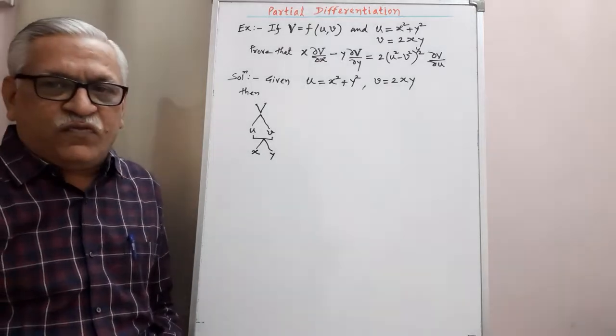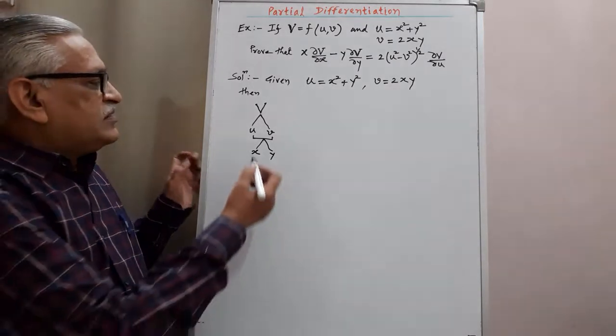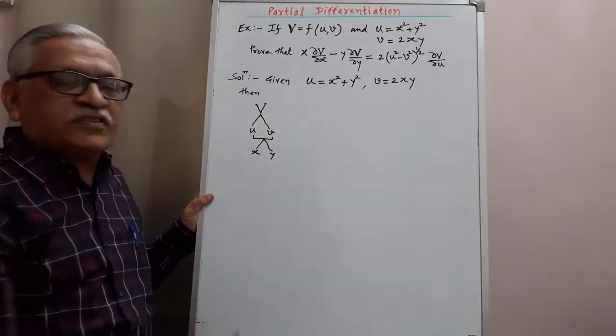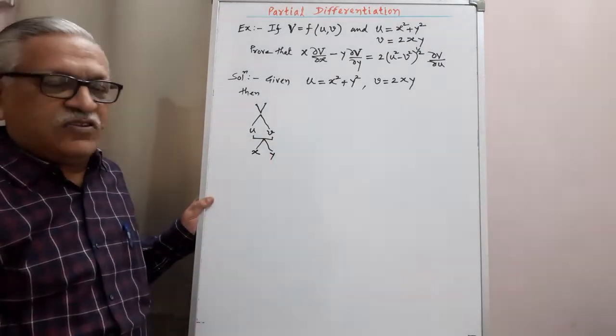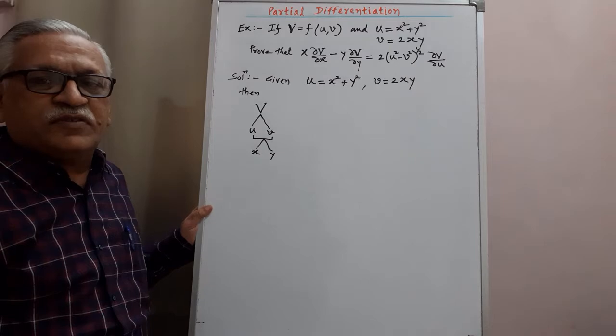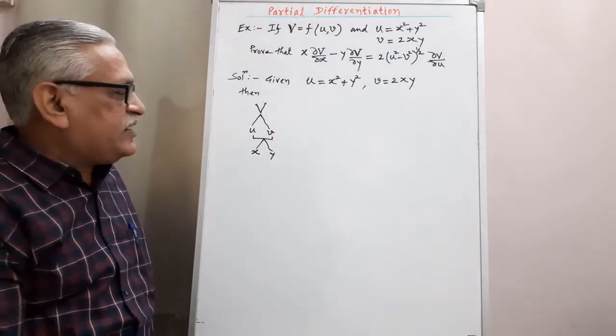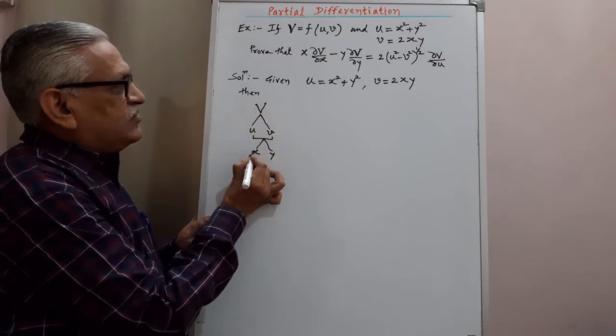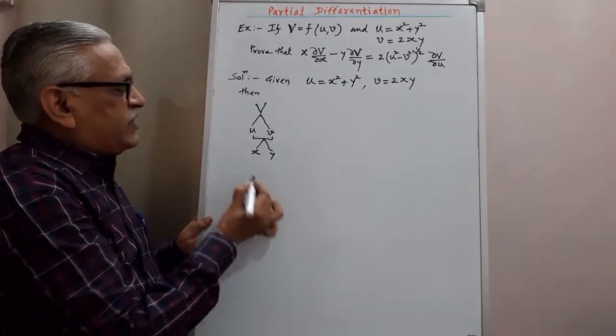Therefore, it is a function of function with two variables each. And whenever we have such a type of problem, it becomes a problem of change of independent variable. Therefore, we have to differentiate with respect to x.